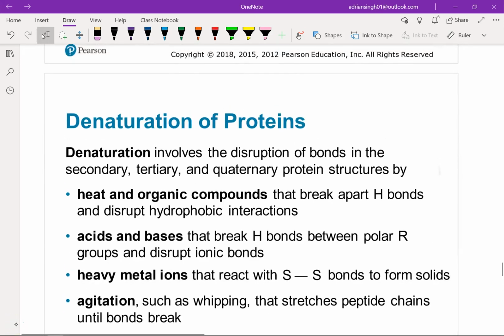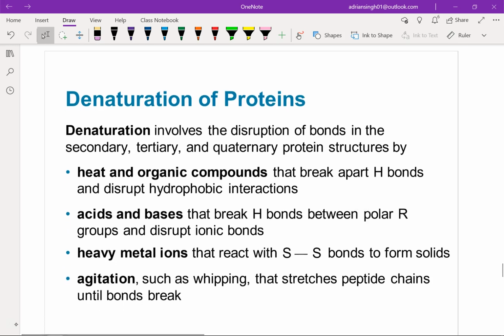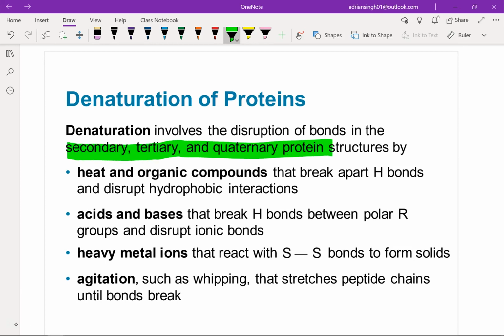So the last thing that we're going to address here that pertains to the structure of proteins is a phenomenon known as protein denaturation. So when we look at the denaturation of proteins, what we're looking at is affecting the structure of a protein. Specifically, when you denature a protein, what you're doing is you're disrupting the secondary, tertiary, and quaternary protein structure.